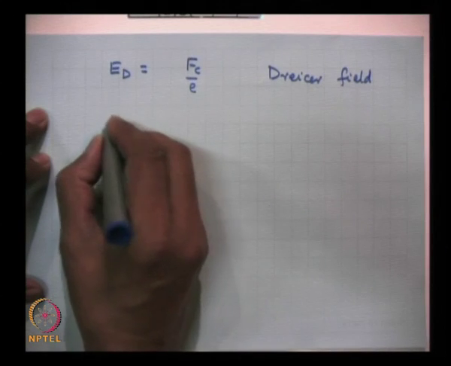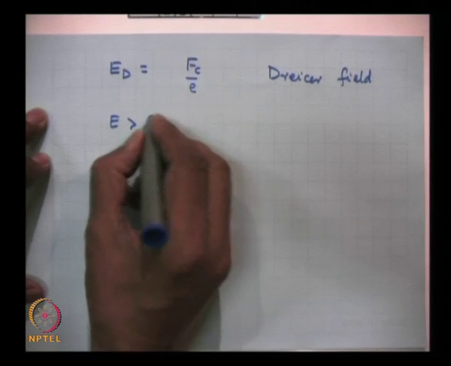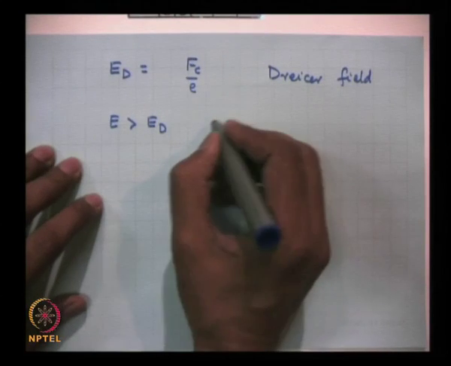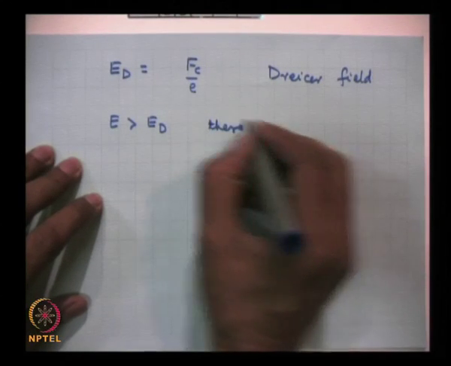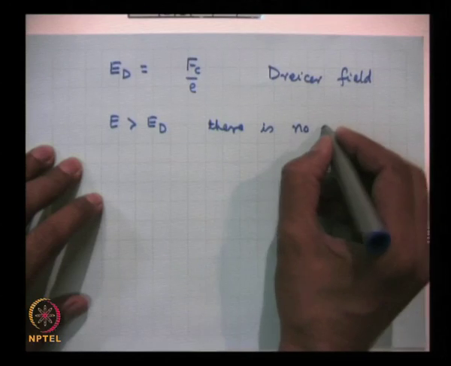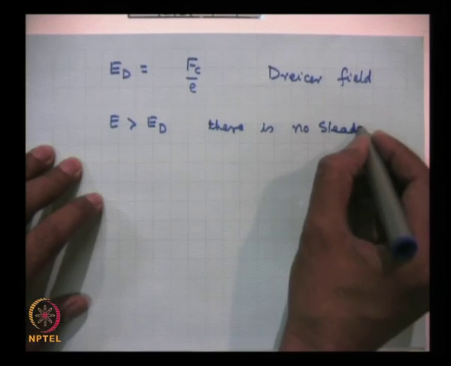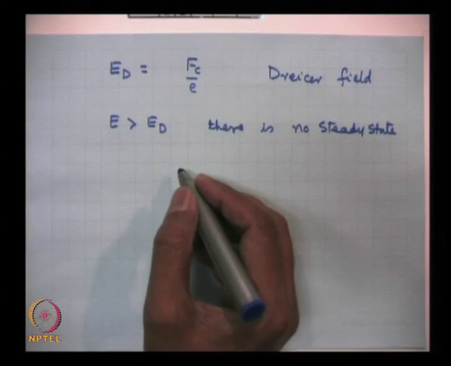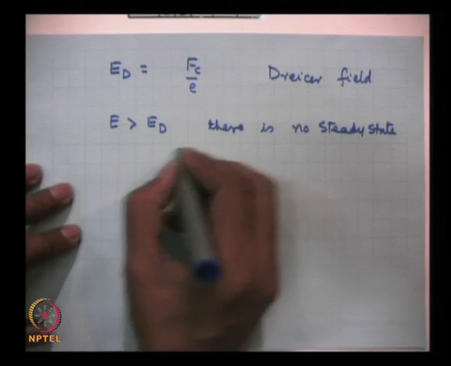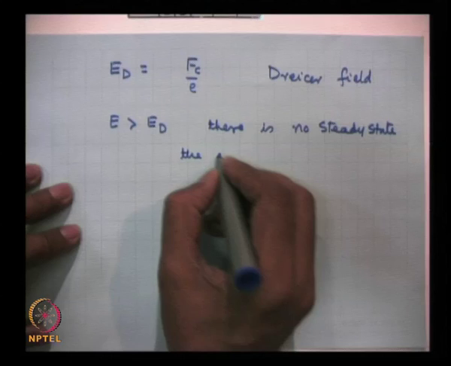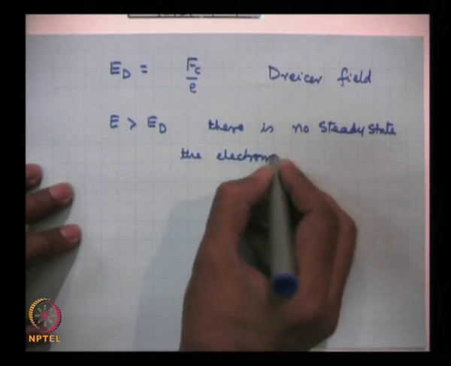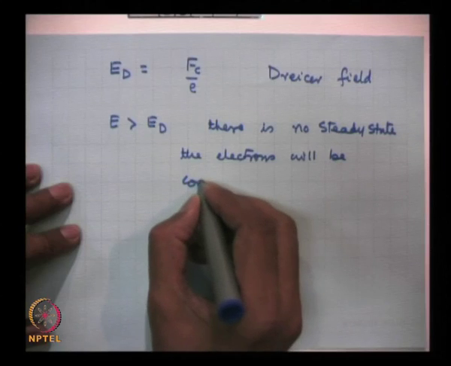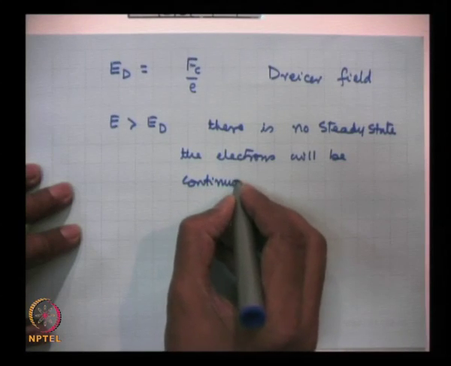And when E is bigger than E Dreicer, there is no steady state. The electrons will be continuously accelerated.